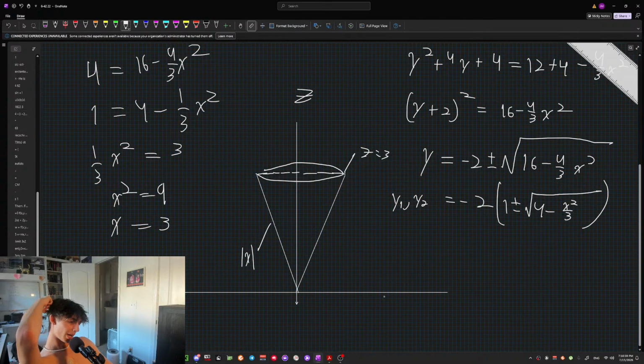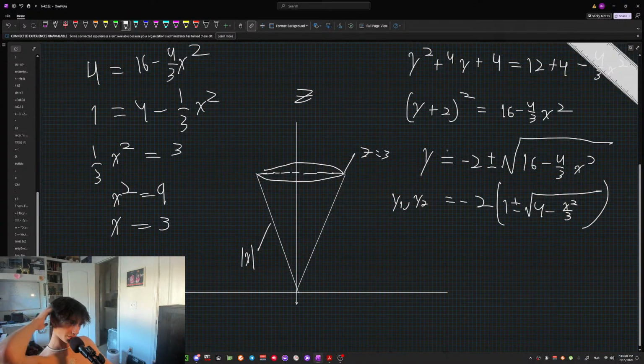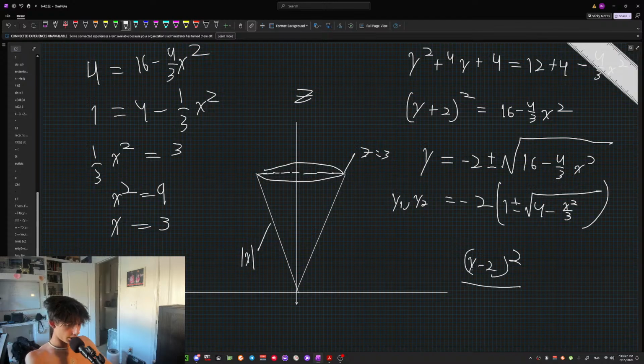Like, I know how ellipses work now, but I've completely forgot how to apply that to this. I guess we just find out where it intersects, so we know y's center is at -2. I mean, this just shows it, right? So we have y minus 2 squared over some bullshit.